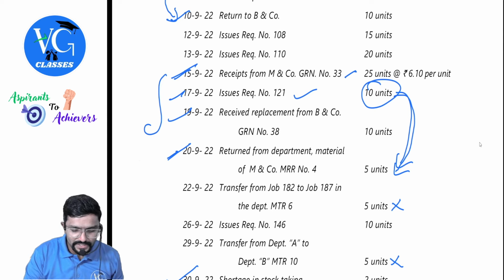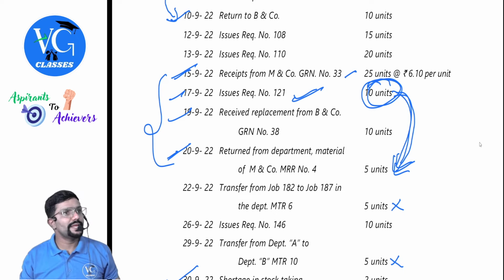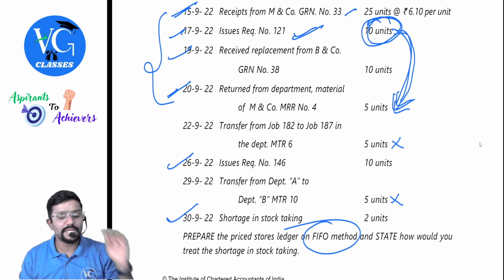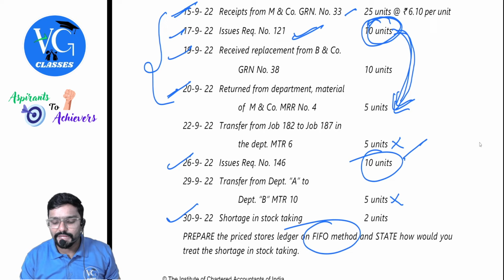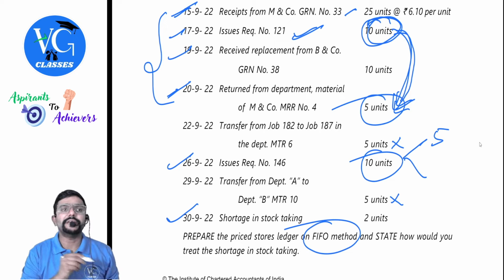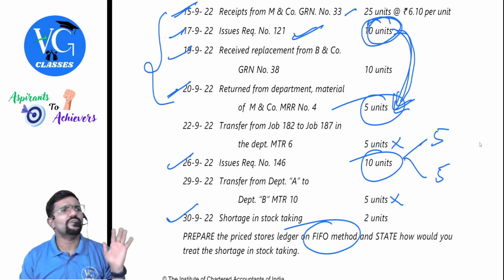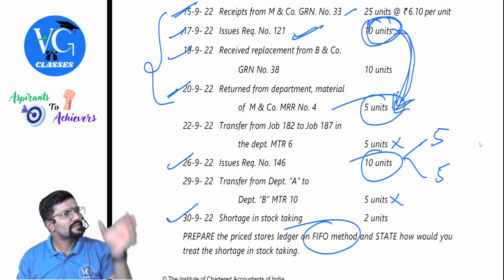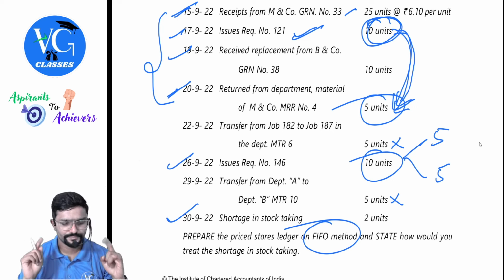In between, there is only one issue. So out of 10 units, 5 is returned back. After this return, when is the next issue? On 26th, 10 units is issued. Now, the first 5, I should consider from where? From return. Remaining 5, FIFO, in stock order. Hope you got it.